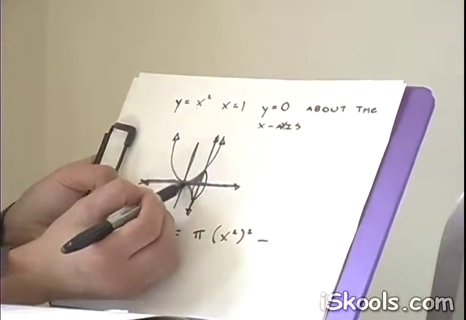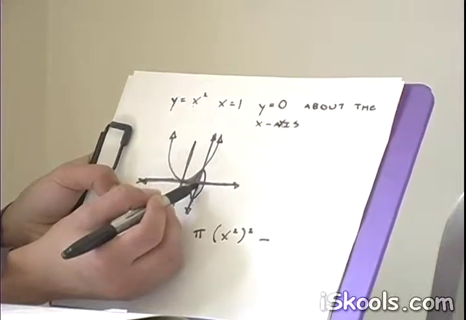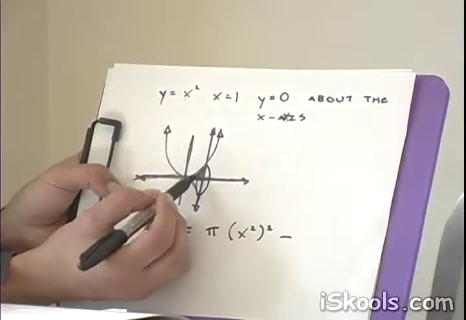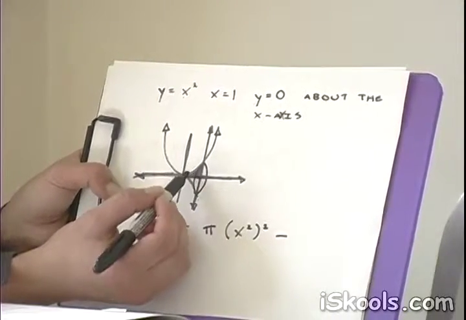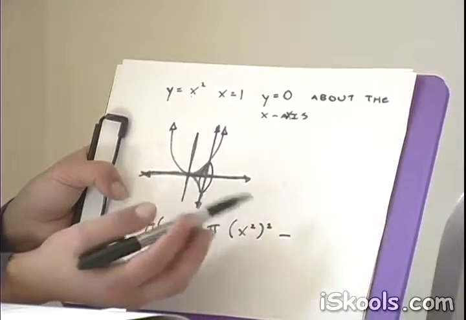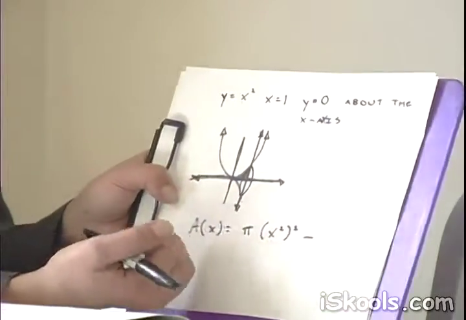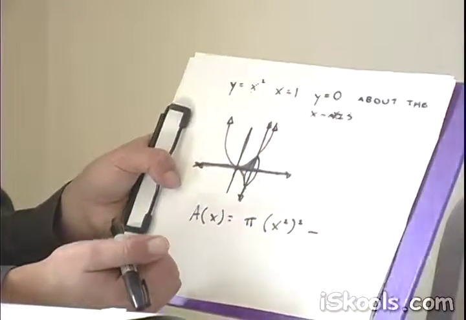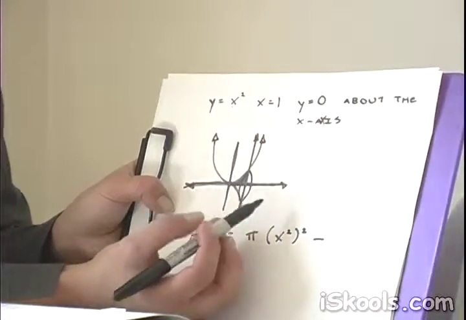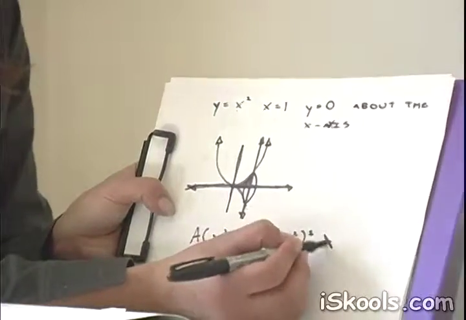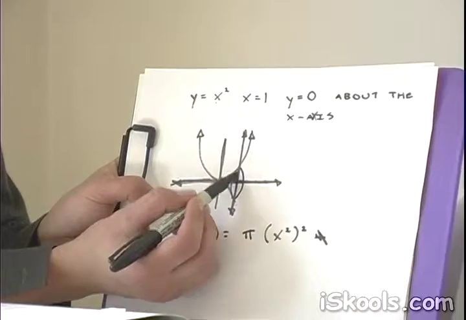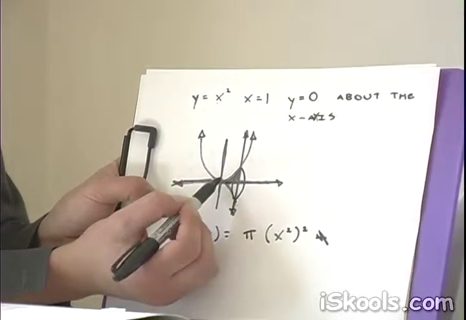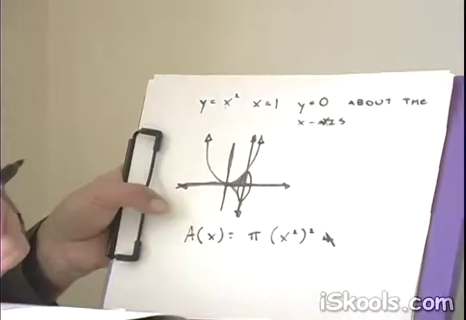I could write this portion here, the y equals 0, as pi times 0 squared, but it would equal 0, so I won't even bother. So basically you end up with just this area from here to here, and then the limits would be from 0 to 1.